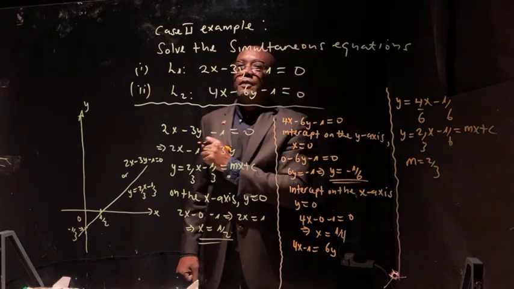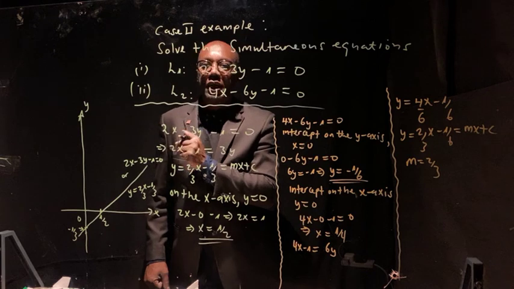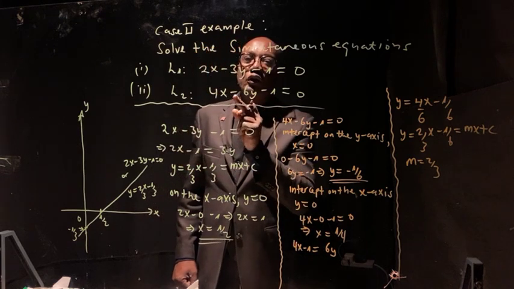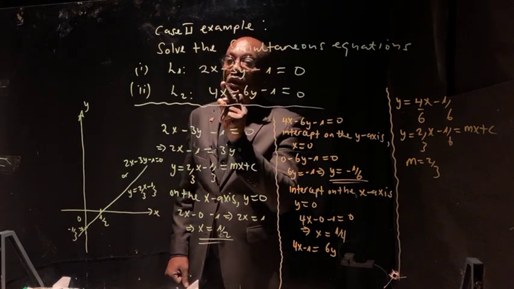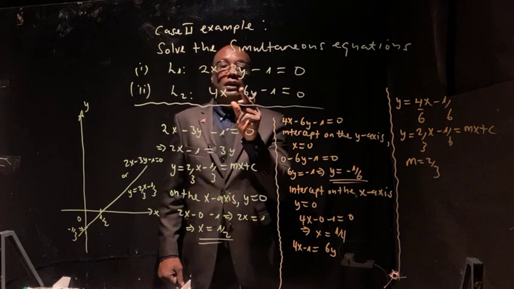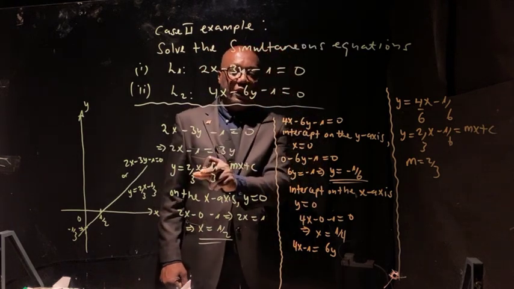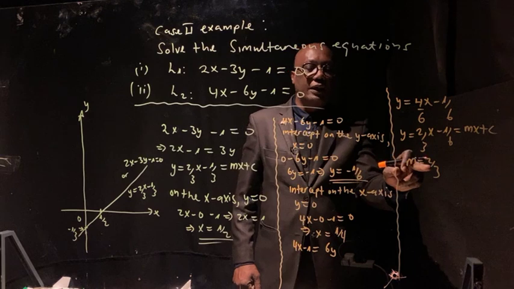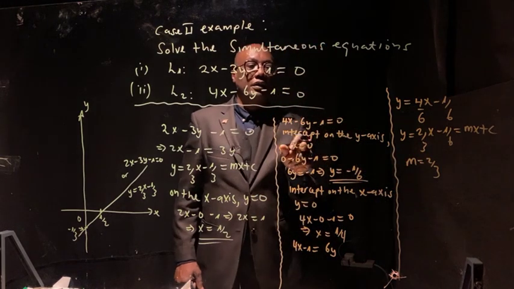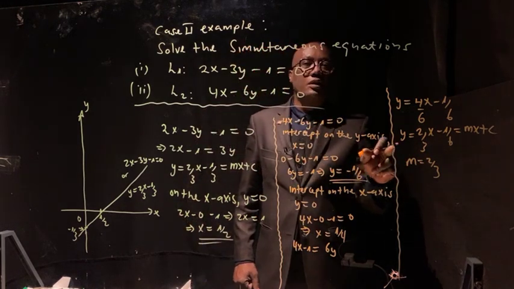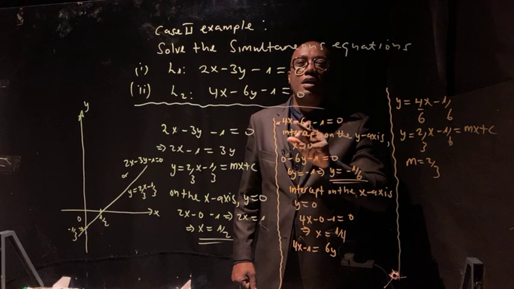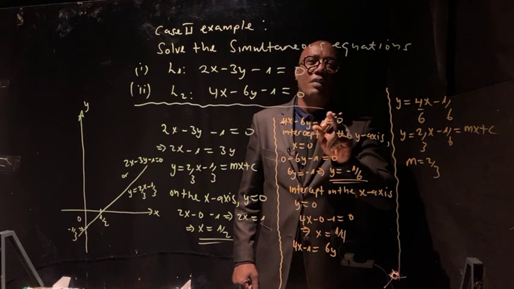Two lines are said to be parallel when they have equal gradients. So it has been proven that the two lines are parallel since their gradients are the same. Therefore, they can never, ever meet.